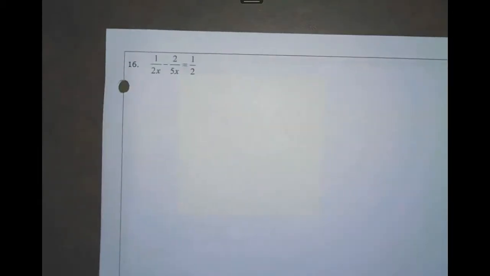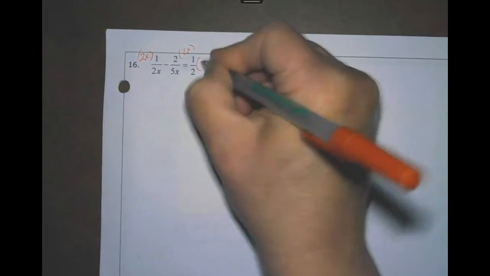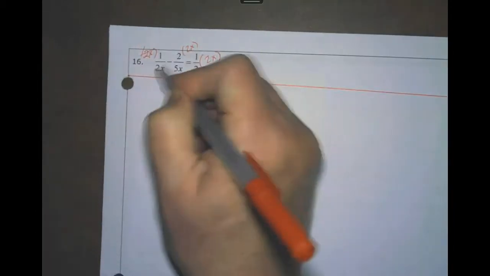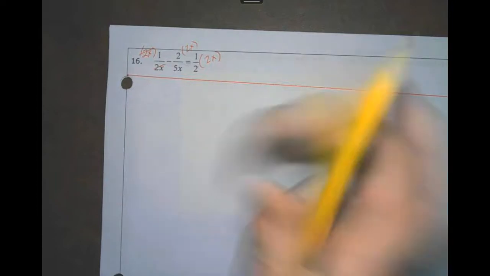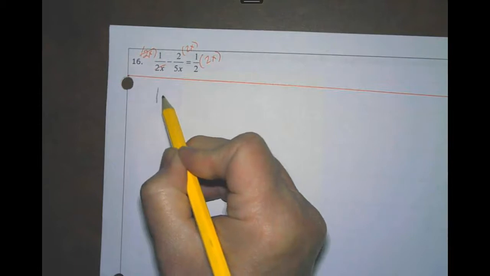Problem number 16. The first denominator is a 2x. I'm going to multiply every term by a 2x. When you multiply everything by a 2x, this 2x cancels that 2x, and I have a 1 minus.